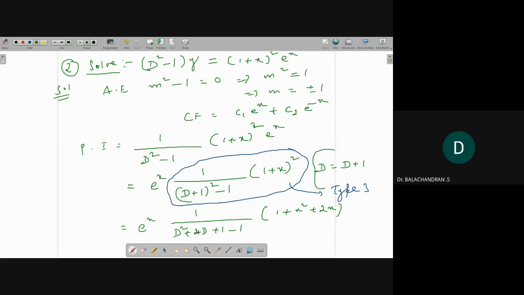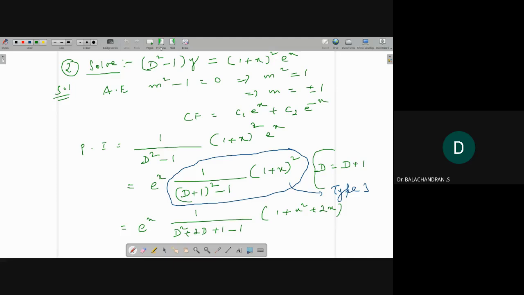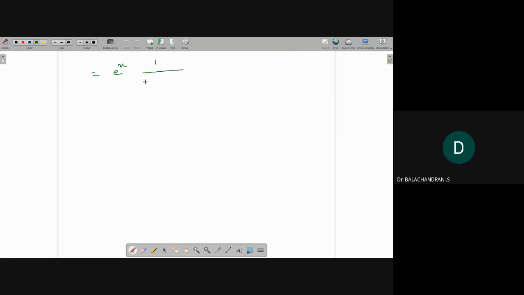Here you have 2D. I will write in the next page. e power x, 1 by D square plus 2D, and 1 plus 2x plus x square. Now take the least power of D common, so 1 by 2D is common.